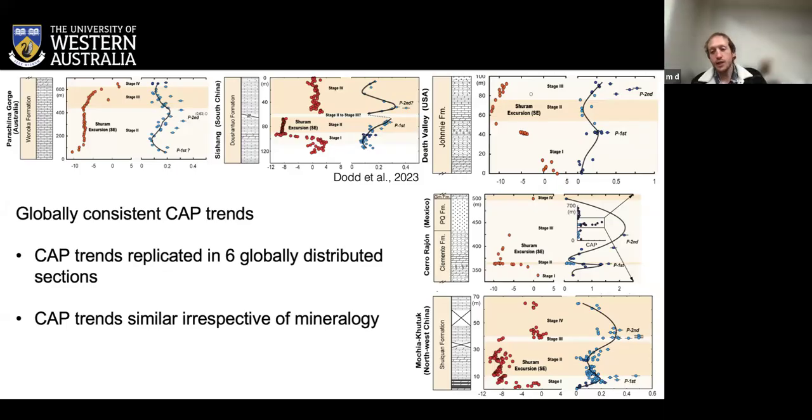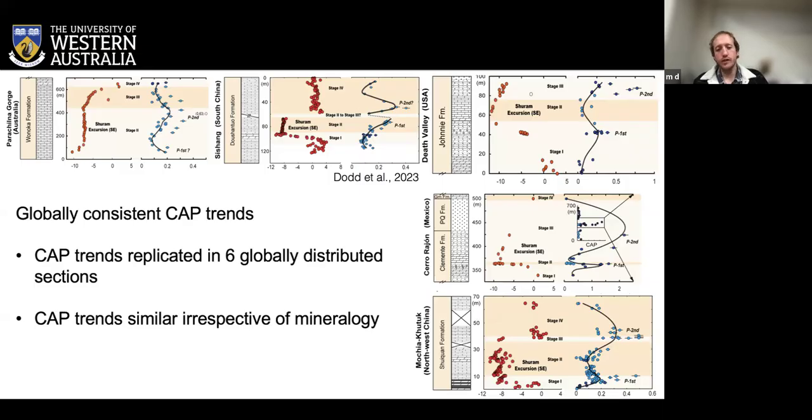Yeah, and we did indeed. When we were trying to develop the bulk extraction method, we took a number of samples and sequentially leached them to see where the phosphorus could be coming from. And what we found is that generally, if we didn't add more acid than there was carbonate to react with, the phosphorus concentrations we were getting in the leaches were pretty constant throughout all the leaches.